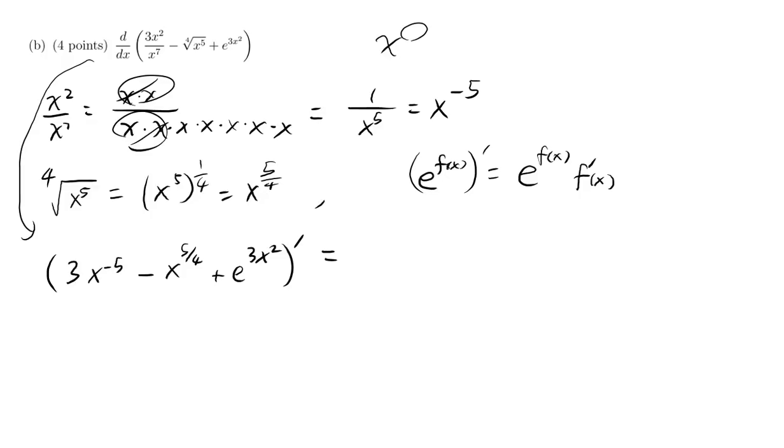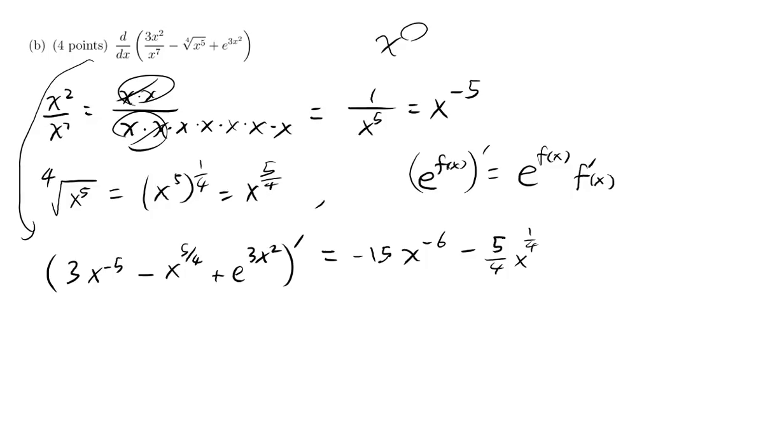The power rule for this says negative 5 should come down, be multiplied to 3, which is negative 15, and then x. You have negative 5 minus 1, which is negative 6. 5 over 4 comes down, and then you subtract 1, which is 1/4.